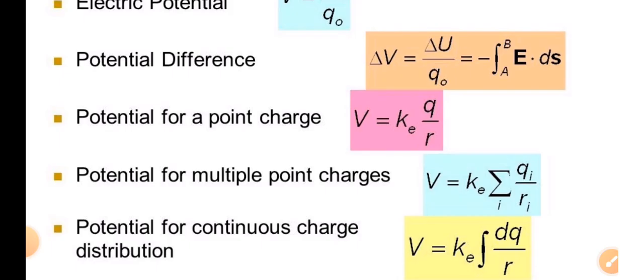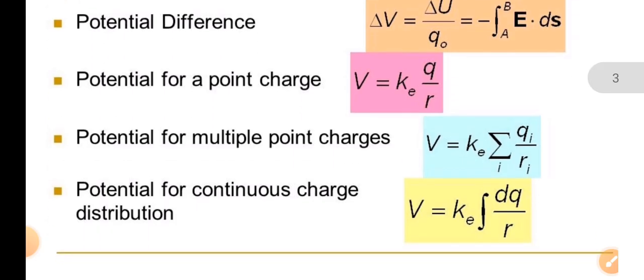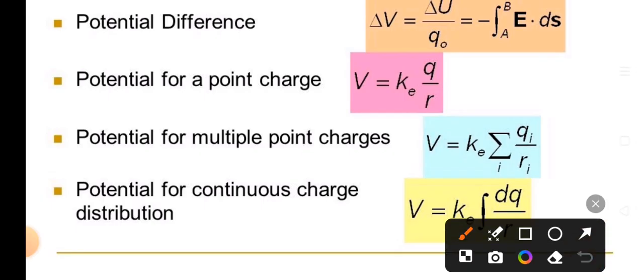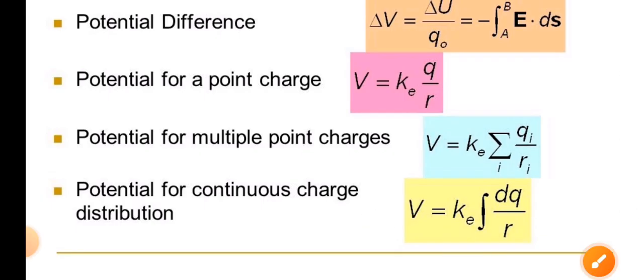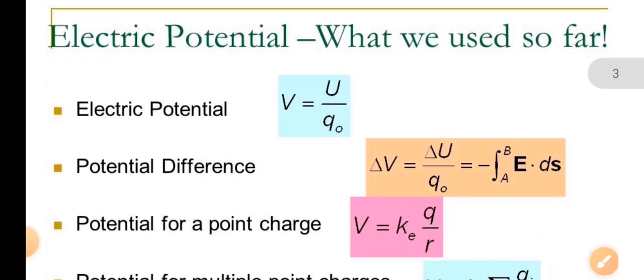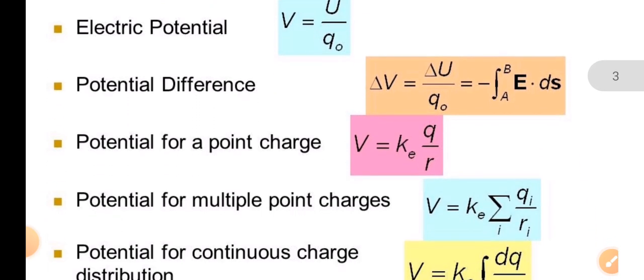Potential for multiple point charges is k times summation of qi upon ri. Potential for continuous charge distribution V is equals to k integration of dq upon r. These definitions are very important and will help us in numericals.